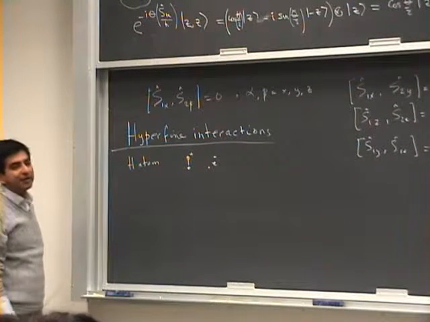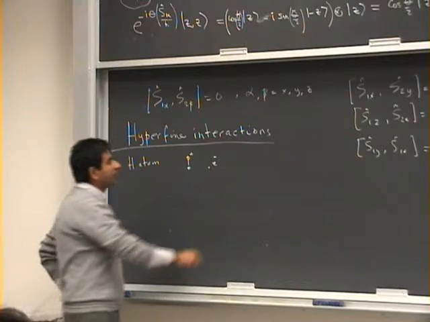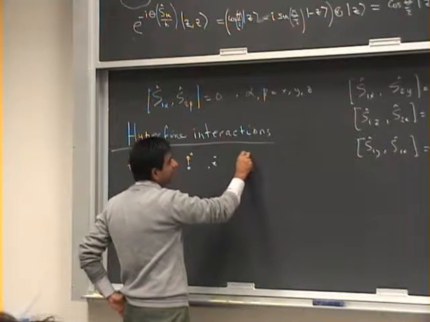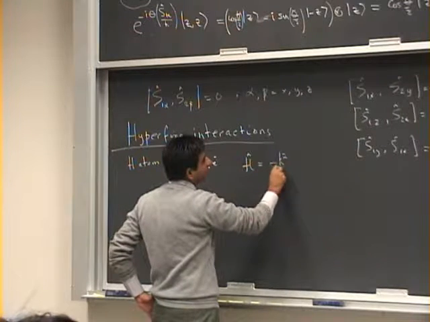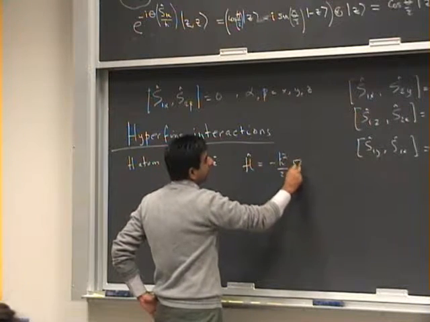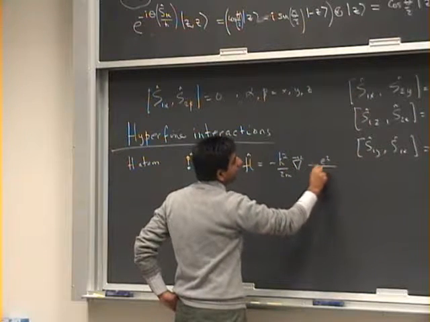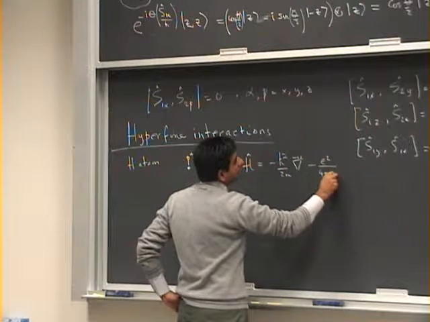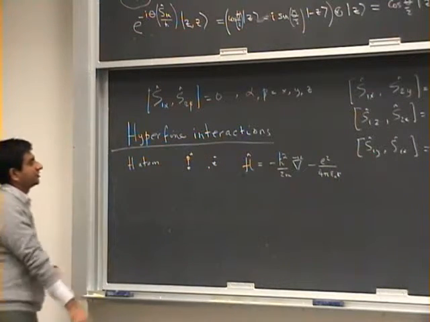Okay, and we know what the Hamiltonian of this system is. We've studied that in detail. The Hamiltonian of this system is minus h bar square over 2m del square, minus e square over 4 pi epsilon naught r. The kinetic energy term and the potential energy term.